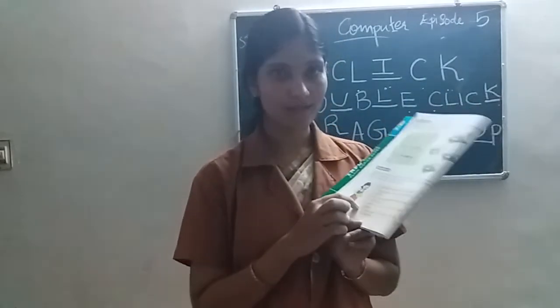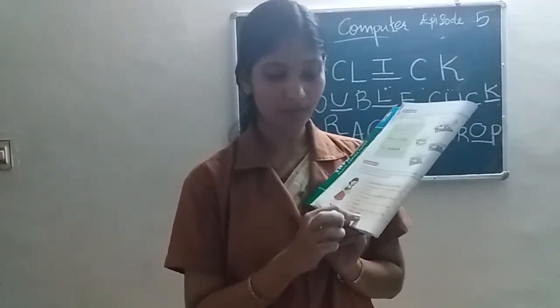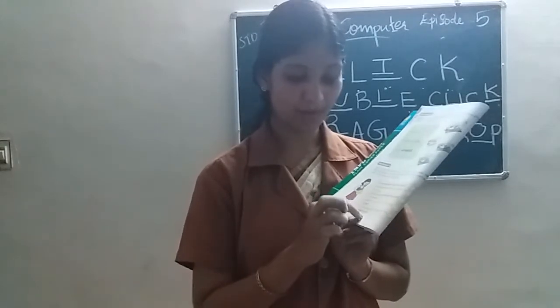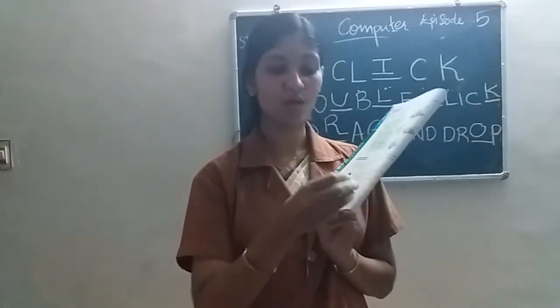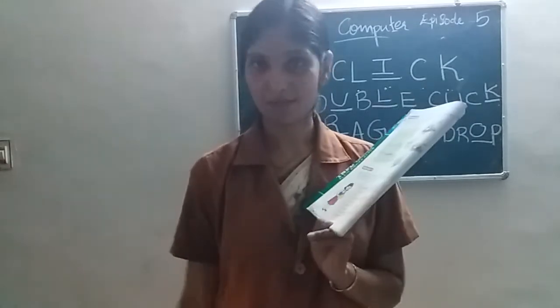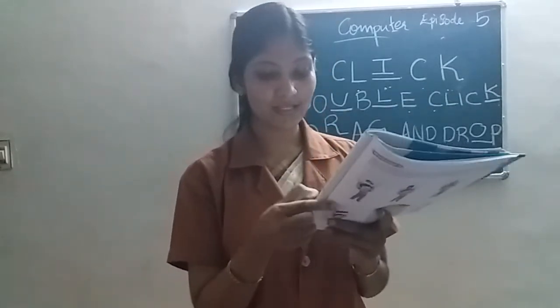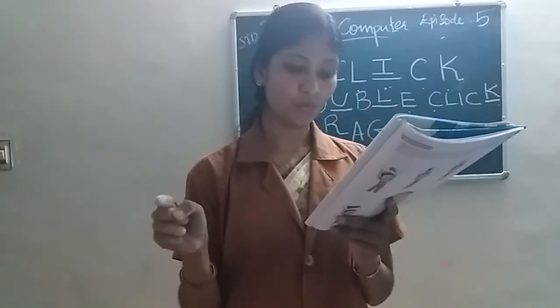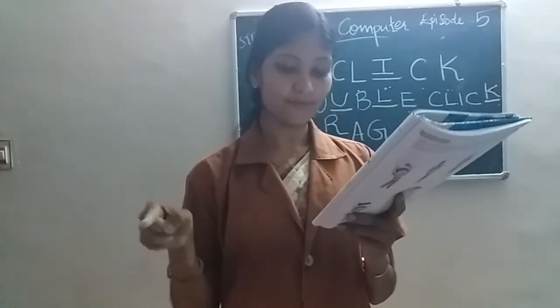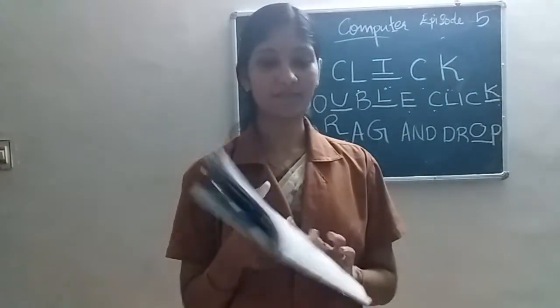But here the question is, a desktop computer is the smallest size of the computer available. Is it right or not? It's a false statement. So put a cross mark on this box. So first question is true. Second question is false. Third question is true. Fourth question is false. And fifth question is also false.